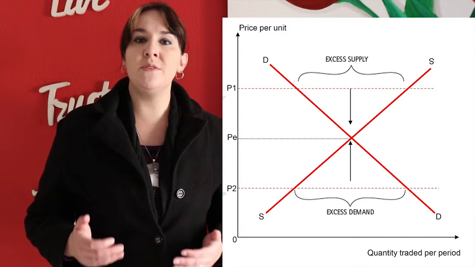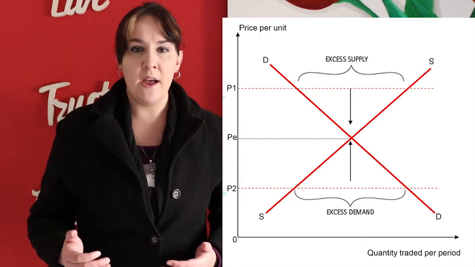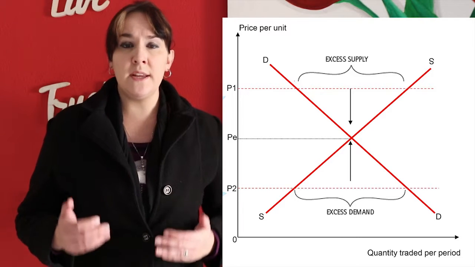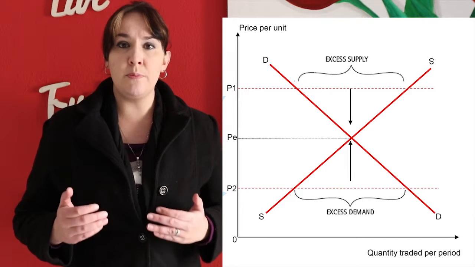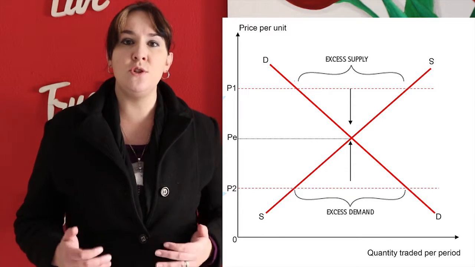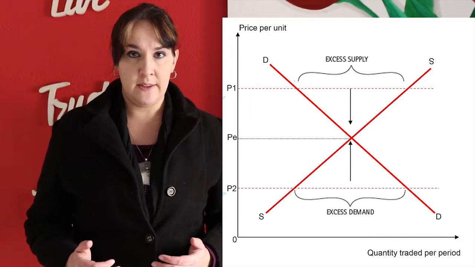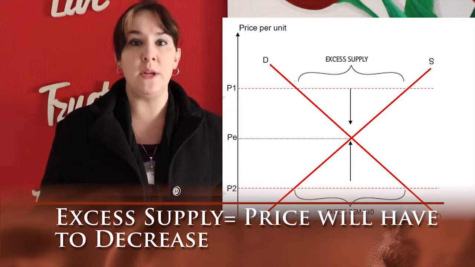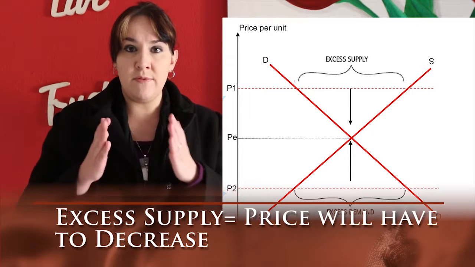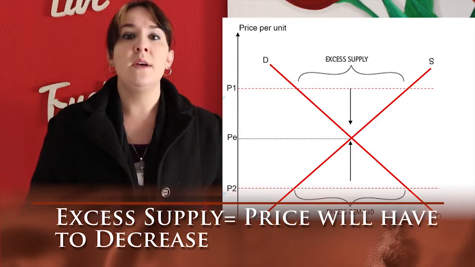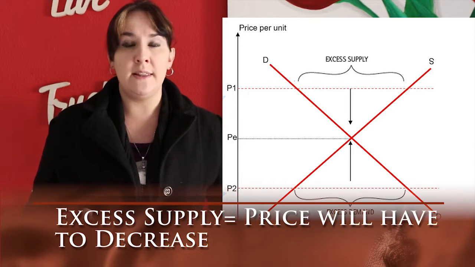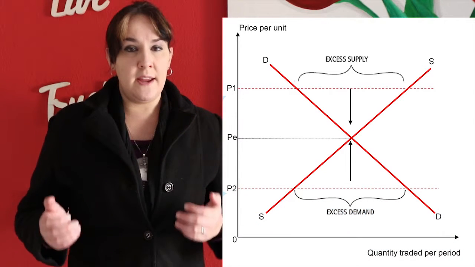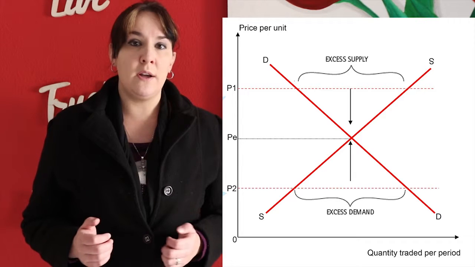At this point of excess supply, what do you think needs to happen to price in order to get back to equilibrium? Well, it will need to decrease, because if they find a nice middle ground between the consumer and the supplier, then there might be a market formed.